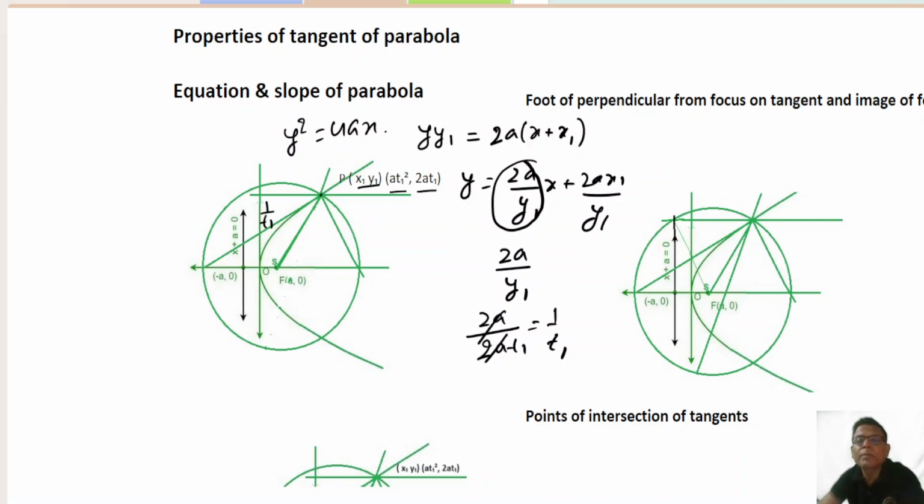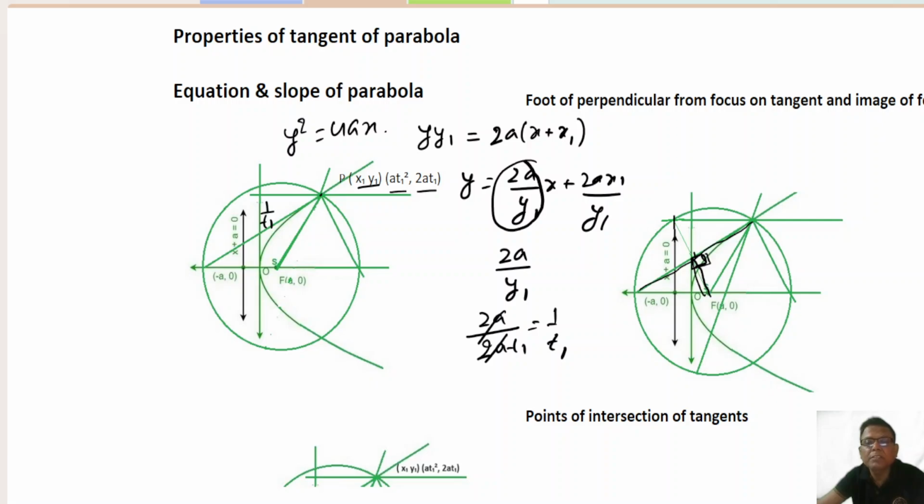Now the foot of the perpendicular from the focus on the tangent, and the image of the focus. Suppose this is a tangent, and if you draw the foot of the perpendicular, previously we have seen that taking this as a diameter it will touch here, so this is 90 degrees. Any foot of the perpendicular from the focus to the tangent will lie on the y-axis, and obviously it will make 90 degrees here.